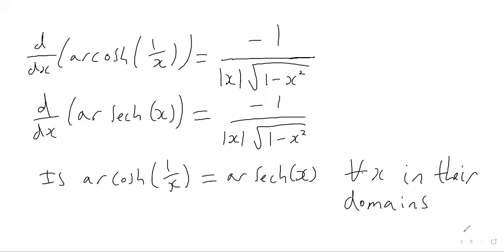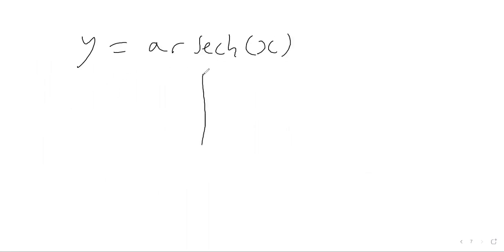So let's look at the arsech function, and that domain. We actually did this in the previous video. We sketched the graph y equals arsech of x, and this graph looks something like so.